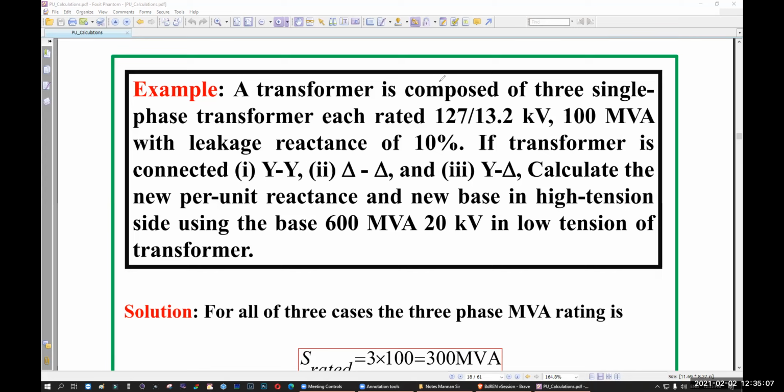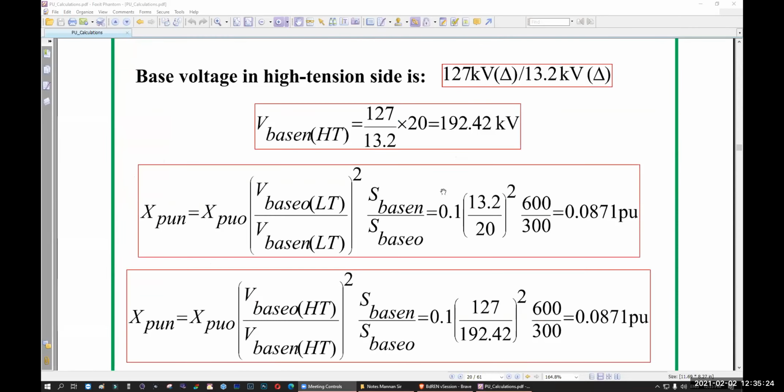It will be root 3, sir. Which one will be root 3? Sir, why? Y. That means this part will be multiplied by root 3 and this one will remain the same, right? Yes. Okay, yes. Let's see.